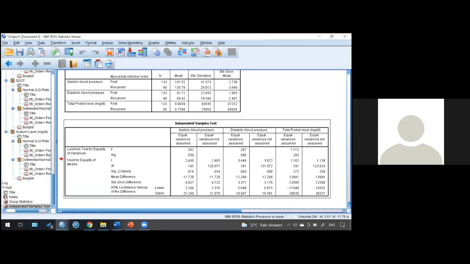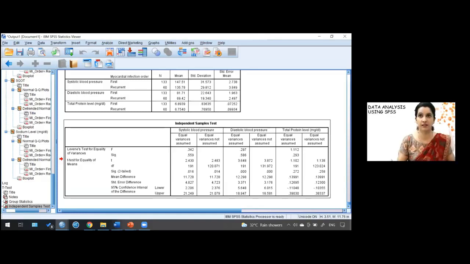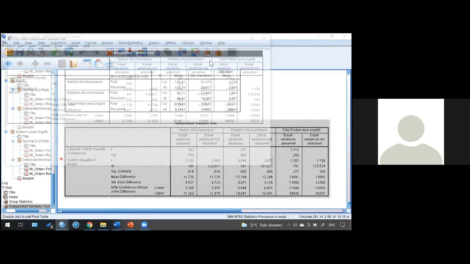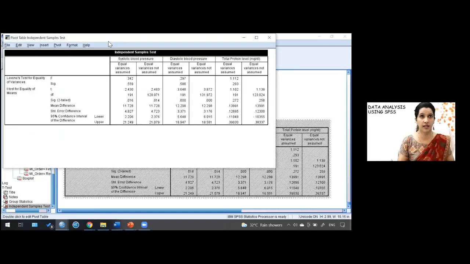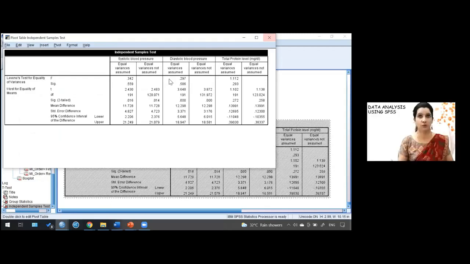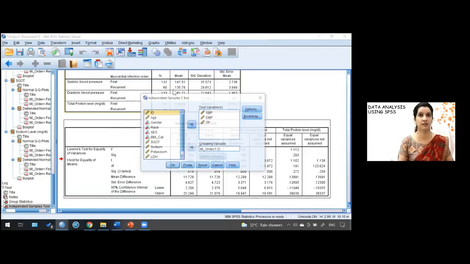Yes, ma'am. And the commands used, please repeat the commands used, ma'am. Yes, it is the double click, pivot. Not, ma'am, not for the transposition of rows and columns, but for the output, for getting this output. You go to Analyze, you go to Compare Means, you go to Independent Samples t-test, you transfer the continuous variable, any variable.